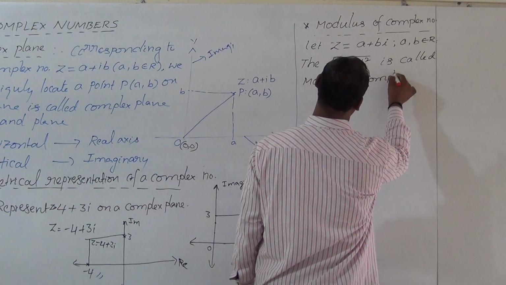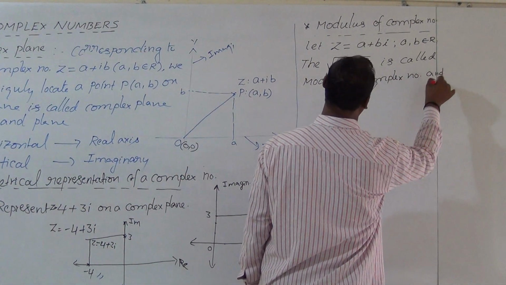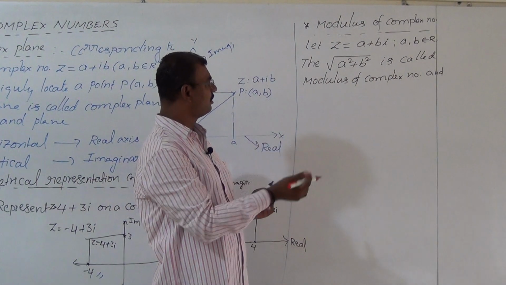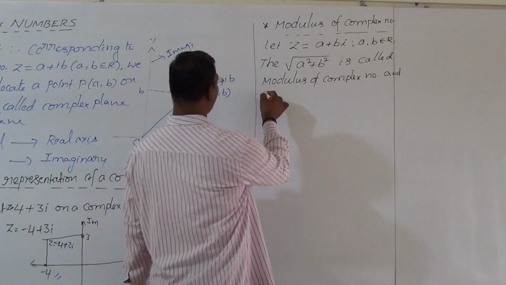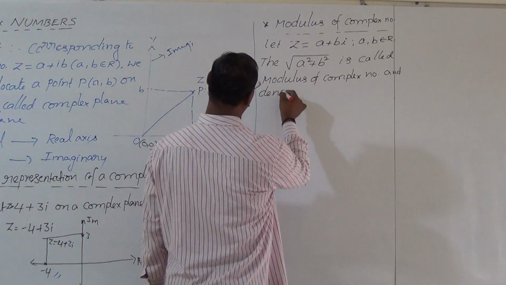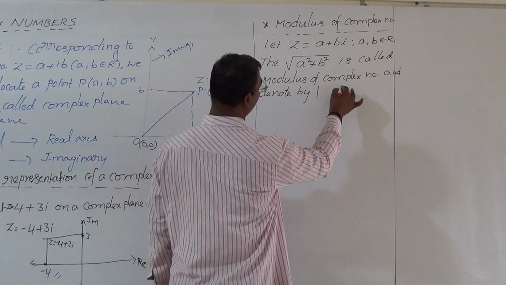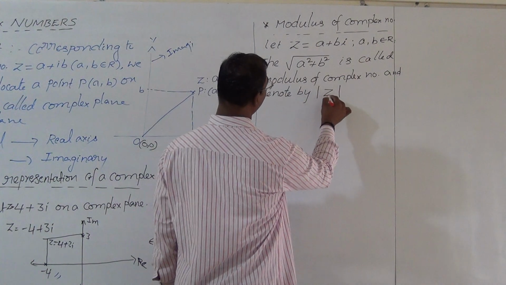It is also called magnitude, and how do we denote this one? Take two vertical lines, one on each side of the number.